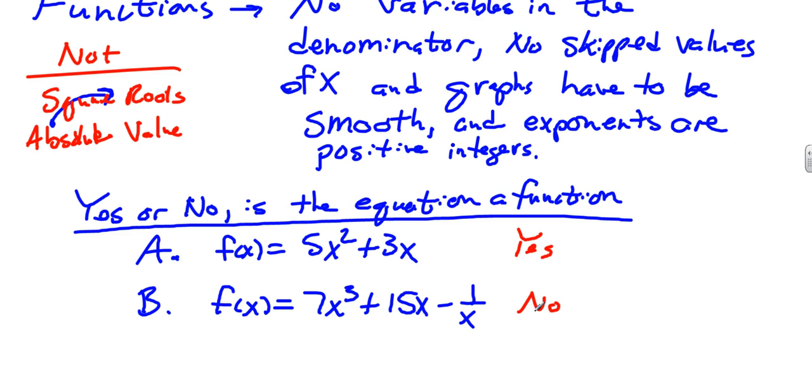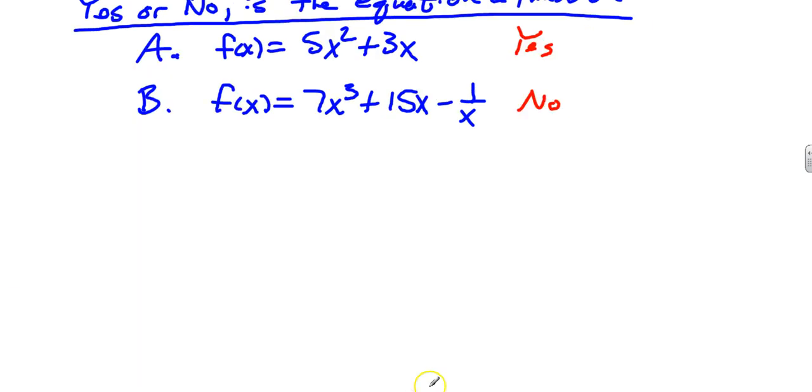They give you a couple of other options to figure out exactly what you're doing. They may give you a couple of graphs also and ask, could that represent a polynomial function?